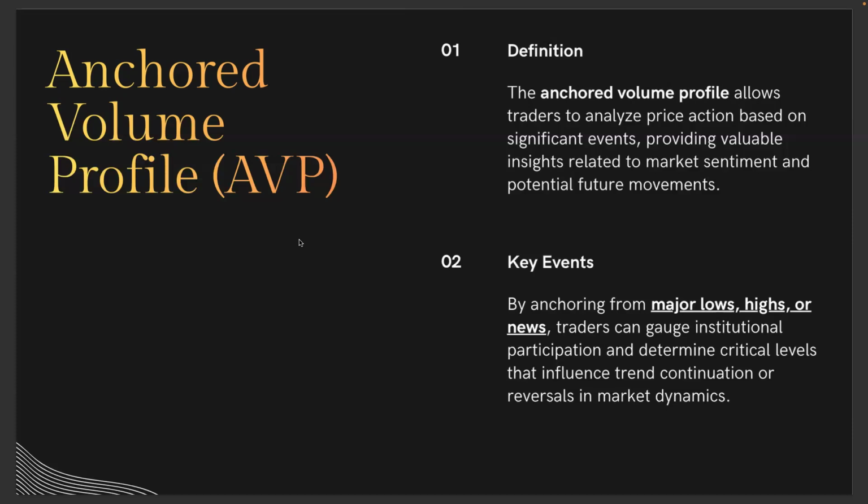So it starts again, because if you don't do it, then it will just continue and measure the volume with the current day, because it measures the volume from the anchored point to the present. It doesn't stop. For example, fixed or session volume profile always has the beginning and the end. This one you just anchor, you say where you want to start, that's it.